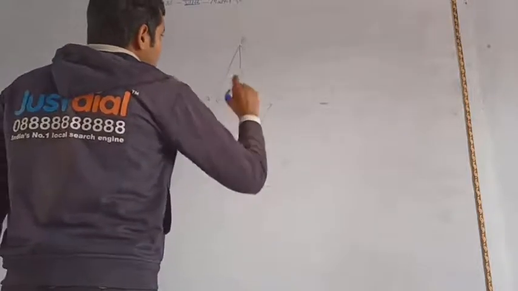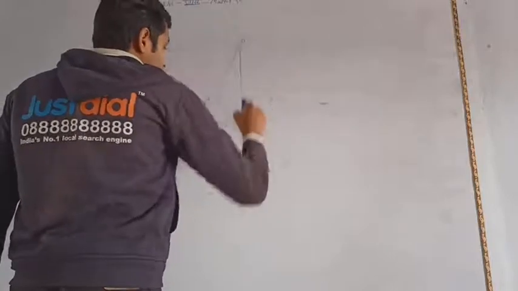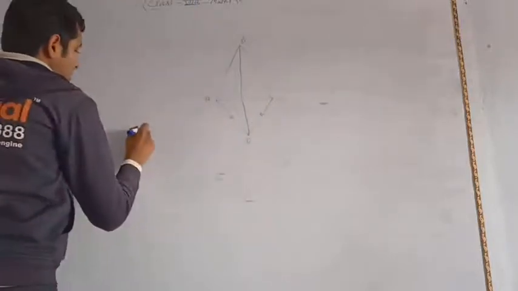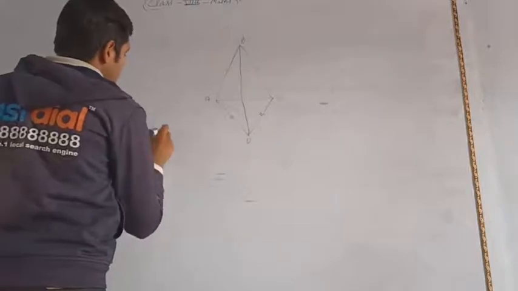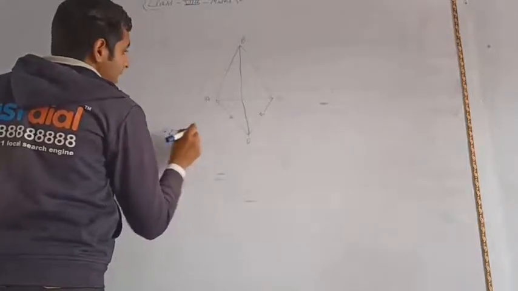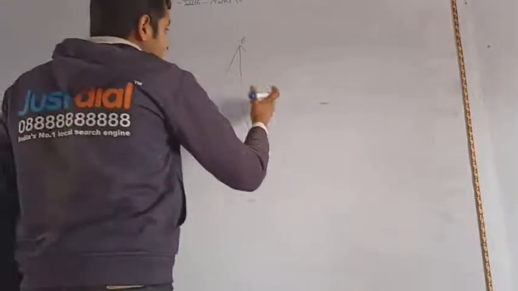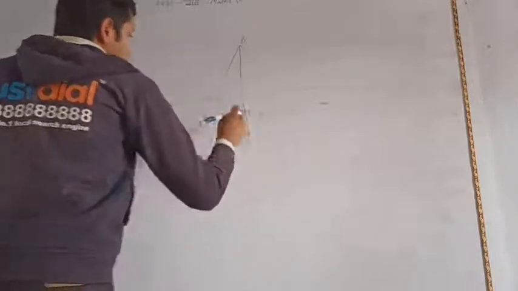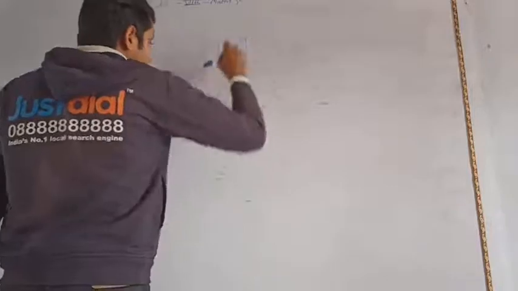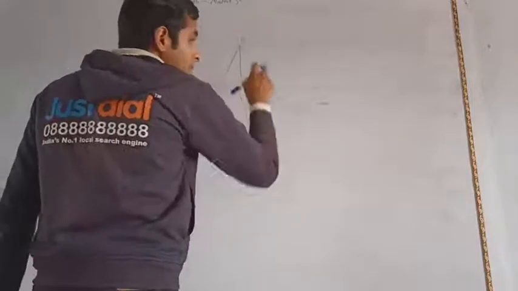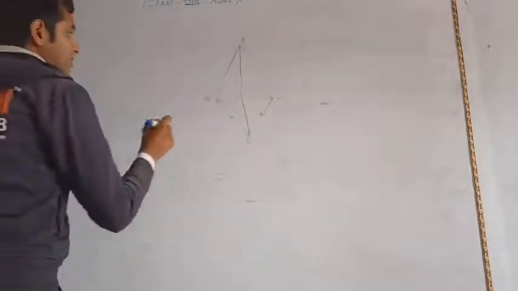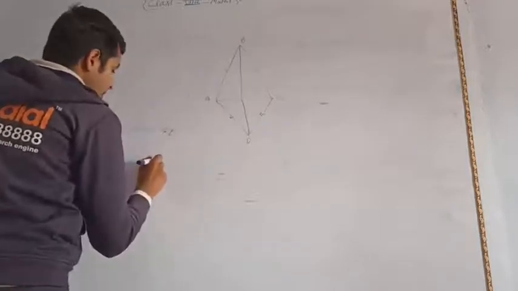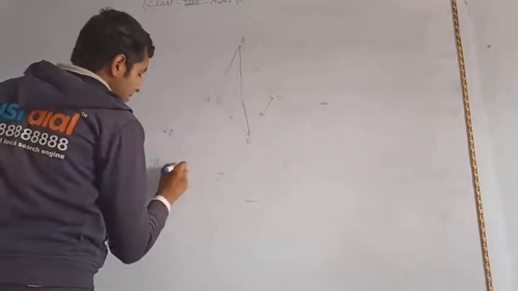So here you can see that line BD is equal to BD, and this line also divides this figure into the same triangles BCD and BAD, and in triangles BAD and BCD you can see also that AB is equal to BC.